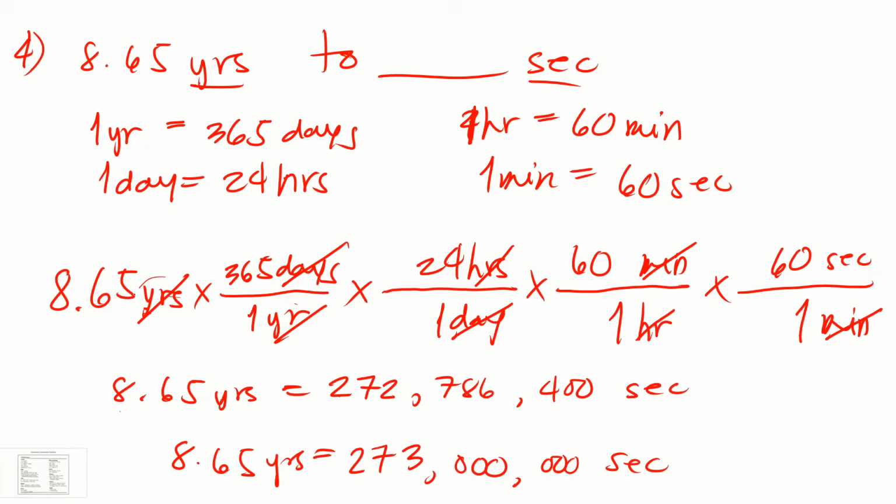Kung nasa denominator naman, you need to write it in the numerator in order to cancel the units. So this is a simple application of dimensional analysis where we are using units of the same dimension in simple conversion.